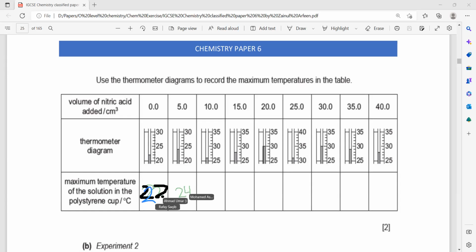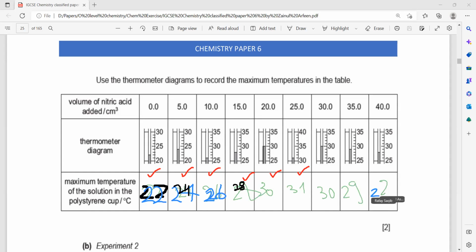So the first one is 22, the second is 24, the third is 26, then 28, 30, 31, 30, 29, 28. So these are the temperature readings according to the thermometer.